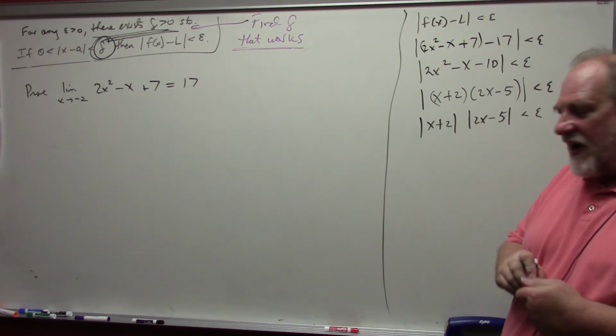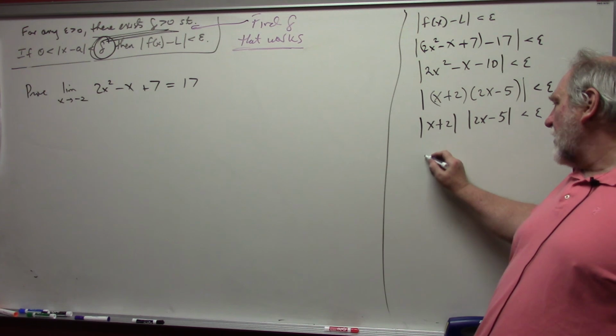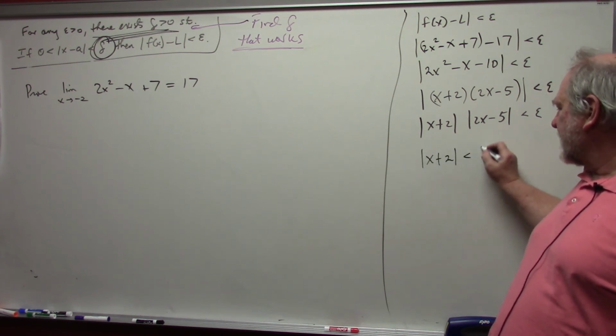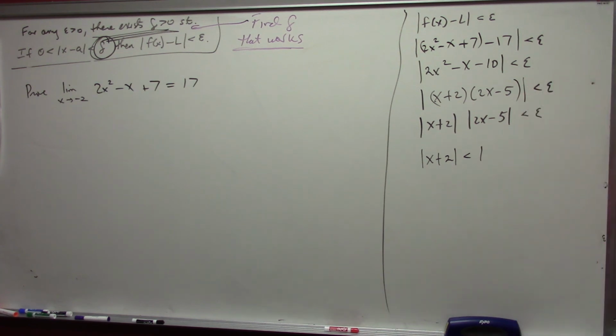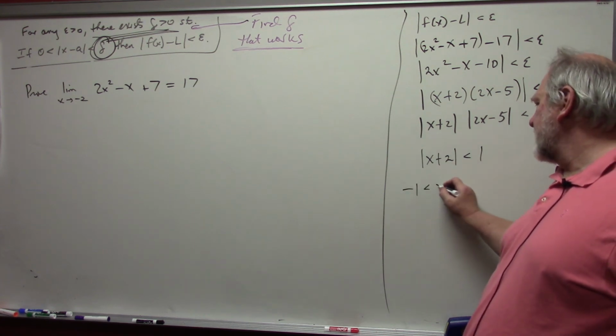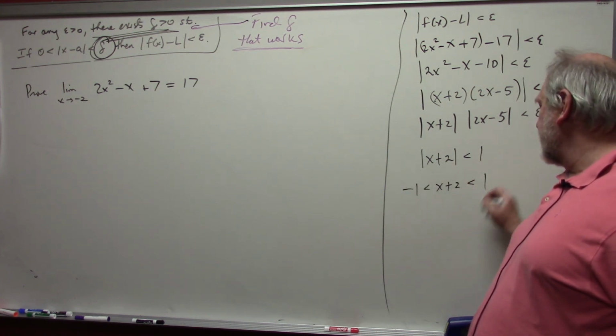2x minus 5 I have to build, and so I'll start with the absolute value of x plus 2 is less than 1. We almost always use 1. It's just the simplest, easiest thing to use. So then, -1 is less than x plus 2 is less than 1.